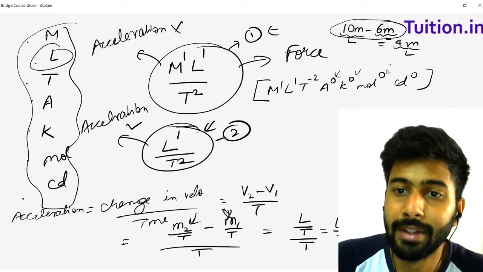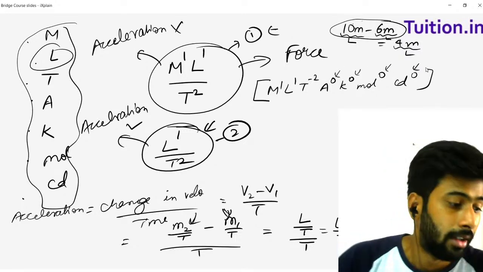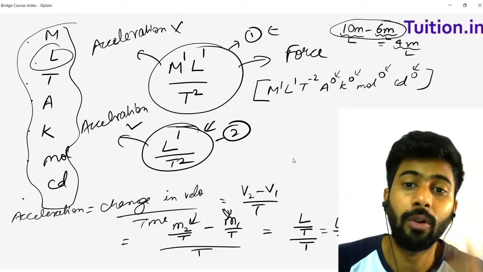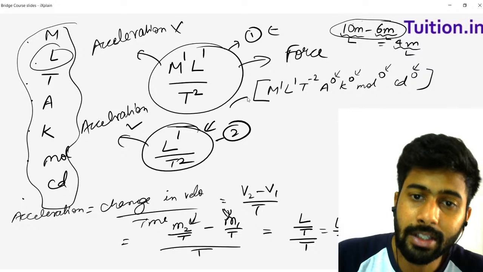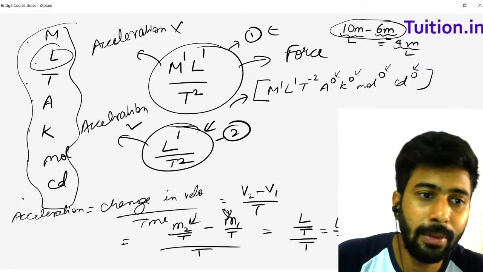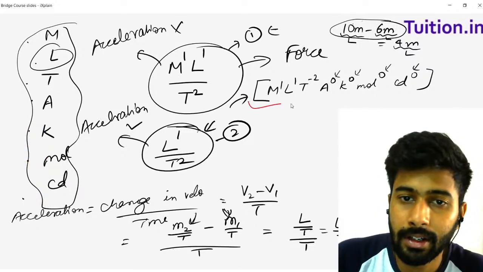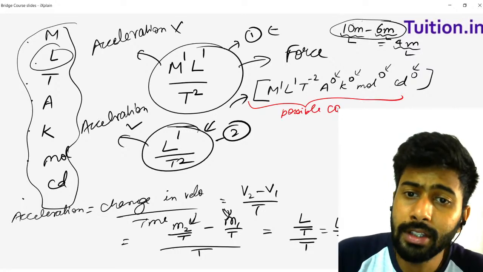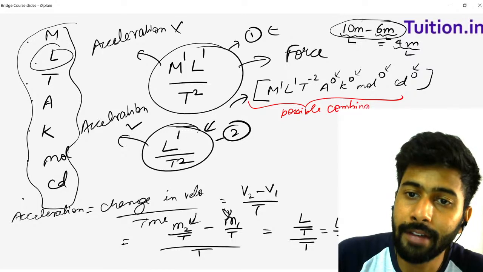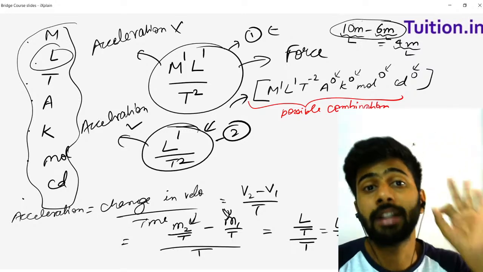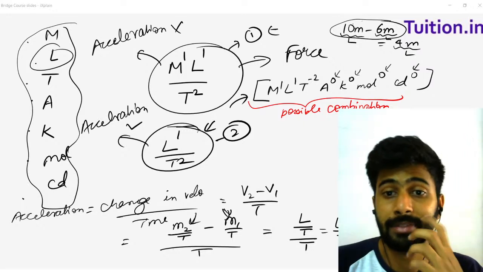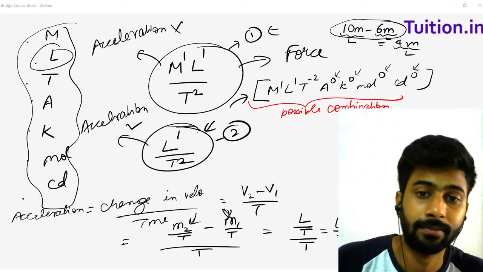I'm not taking it even once. Power 0 means I am not taking the fundamental physical quantity at all. So this is a possible combination. This combination of these 7 physical quantities represents force and nothing else. That is something that I want you to understand.